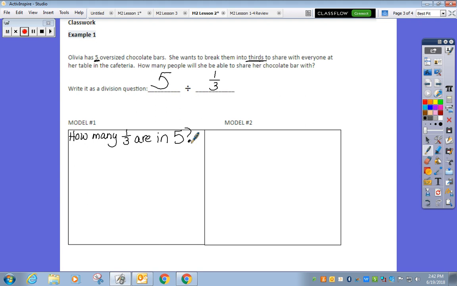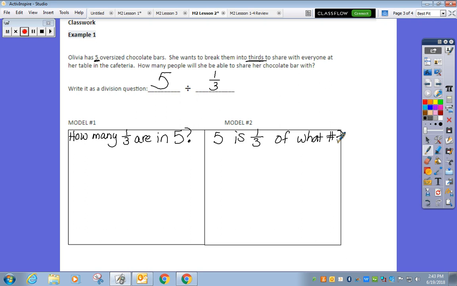The other way that we worded this in this situation would be 5 is 1/3, and instead of saying groups here, I'm going to say of what number? Okay, so we've got how many 1/3 are in 5, and 5 is 1/3 of what number? It's just replacing the whole numbers we used in our opening exercise with fractions.